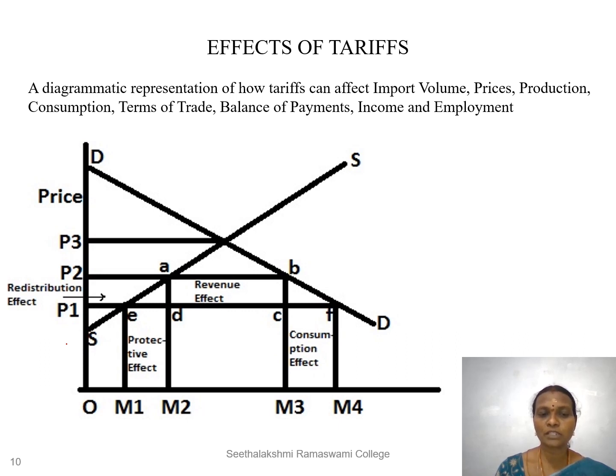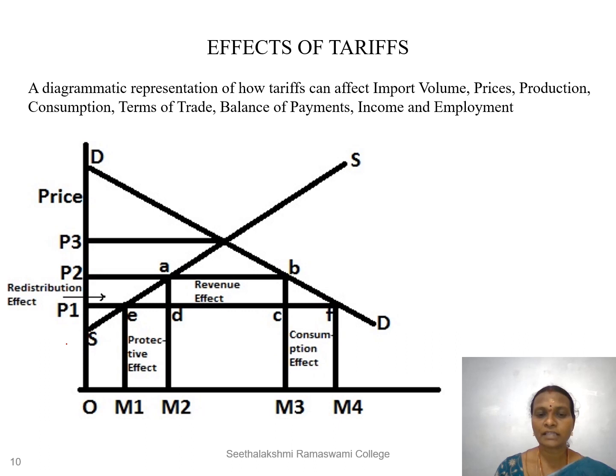Whereas the demand of the domestic consumer, which was OM4 before the imposition of tariff, has been reduced to OM3. So there is a reduction in the quantity demanded, that is M3M4.